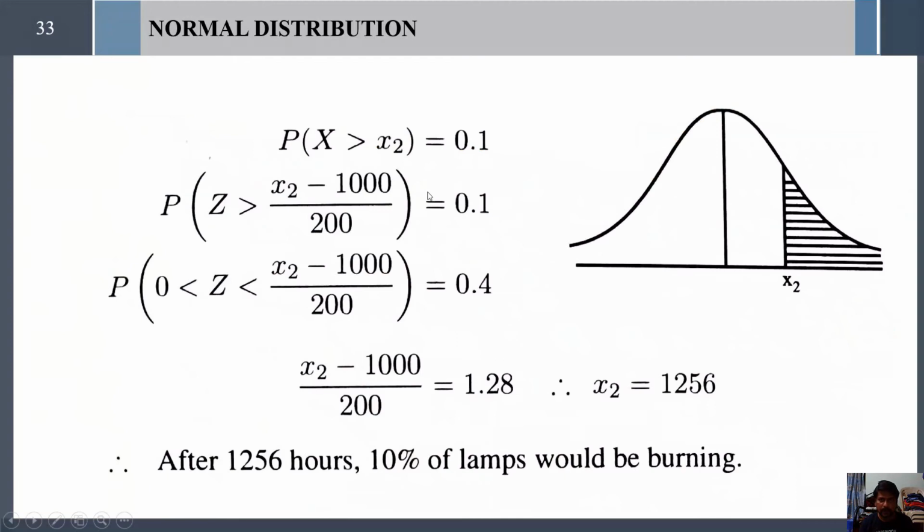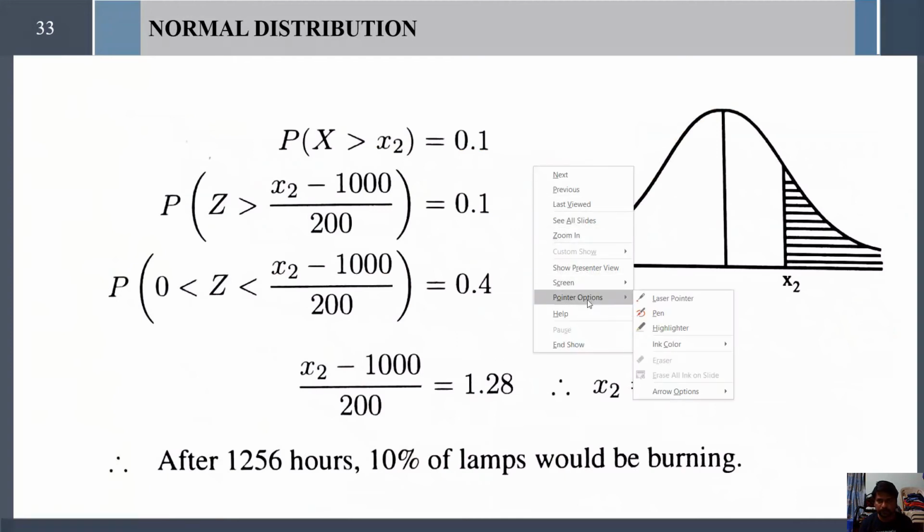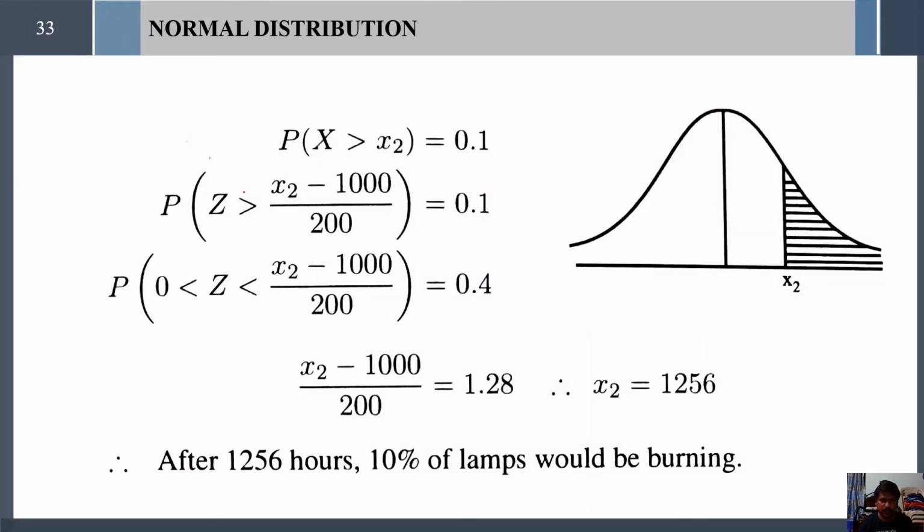See here, this is the value. Therefore, to calculate this area, we can write it as 0.5 minus this probability term.